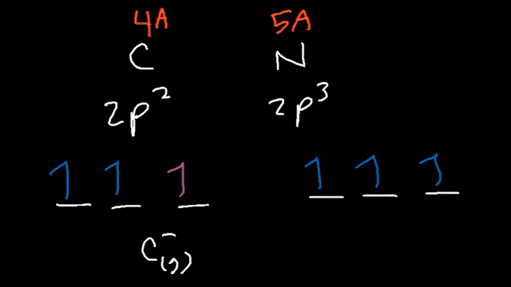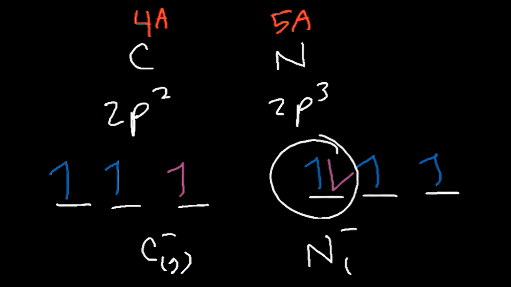Now, what about adding an electron to an element in group 5A like nitrogen? Once we add it, notice that there's going to be electron repulsion between the 2 electrons in this orbital. So this is not a good stable arrangement. And it's because of that electron repulsion that elements in group 4A are more exothermic than elements in group 5A.